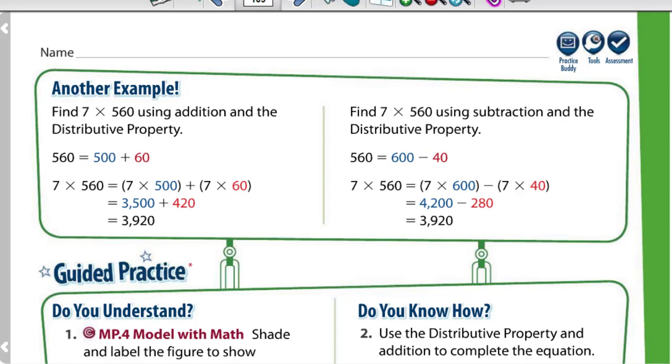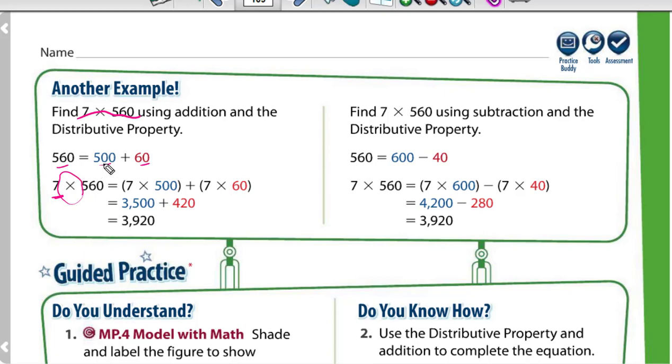We have here another example. In this one we have 7 times 560. Of course you know that 560 equals 500 plus 60. Now, because it's times, we distribute the 7.